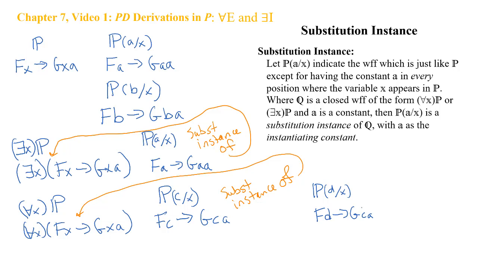Again, right now, we're not really worrying about a valid inference or a correct application of a derivation rule. We're just defining a syntactic concept of substitution instance. But we'll appeal to this notion of substitution instance in explaining the rules. Consider the following argument.